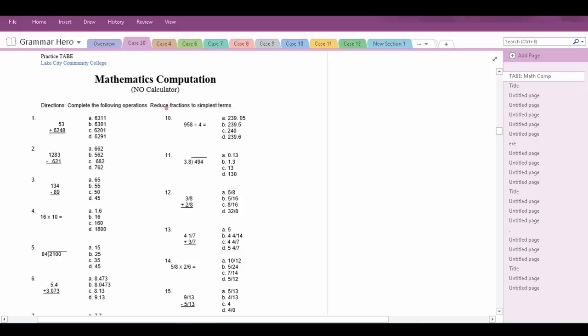Again, we're not using a calculator, so I'll do all my scratch work, all my work on the side over here. Number 1 says add 53 to 6,248. They're trying to trick you by placing the 6,248 on the bottom. So up here, I'm going to rewrite it. 6,248 plus 53. Then it's just a matter of adding up and down.